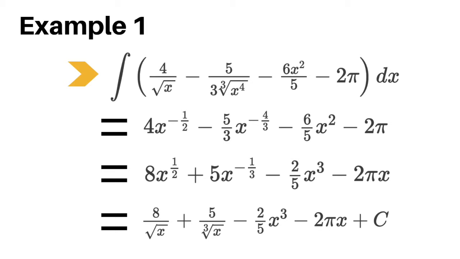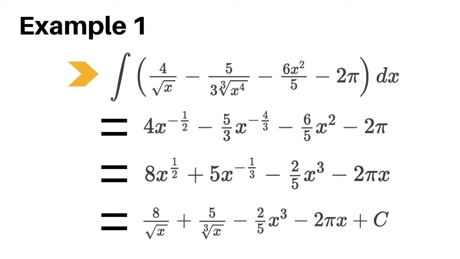Now, in the second step, we are trying to get the antiderivative. The first thing that we need to do is add 1 to the exponent. So in this case, we had a negative half, so we add 1 and that becomes a half. And what happens when we divide 4 by a half?